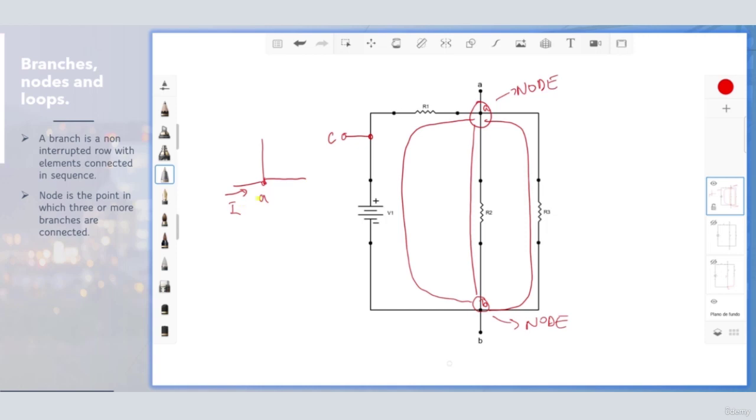So if we have 2 branches connected to A, the current will be divided in a current, let's call it line, and the second current will be double line. So if we have a node A with 4 branches connected and the current is coming from here, this current will be split in 3 different currents. The first will go to this branch, the second to this branch, and the third to this branch.